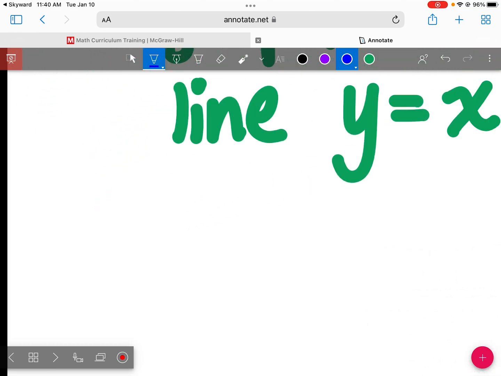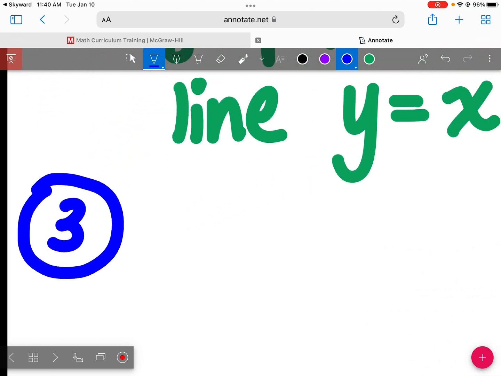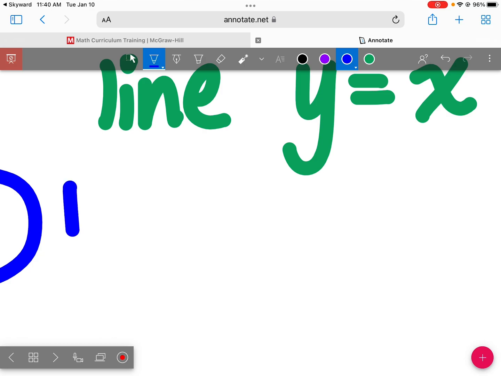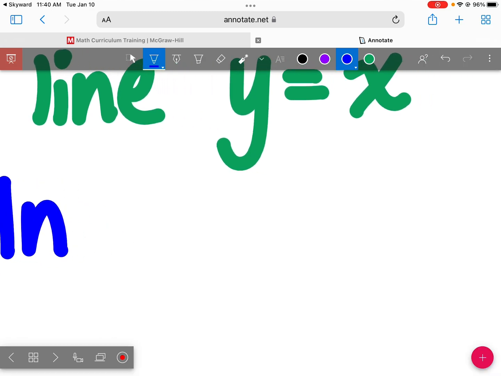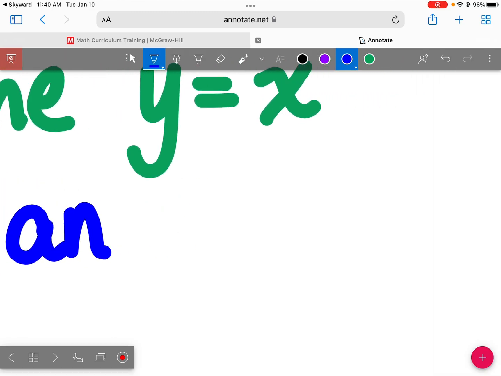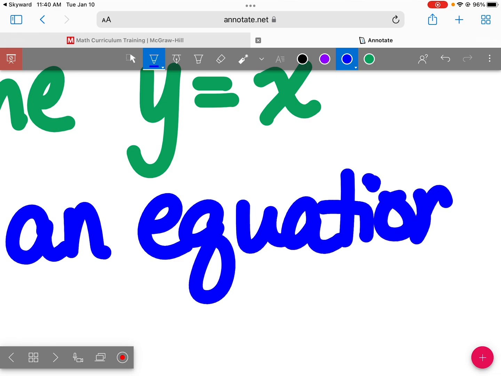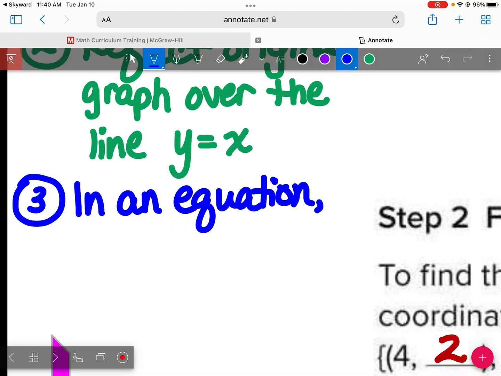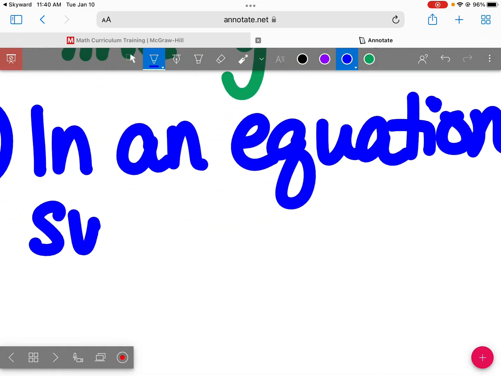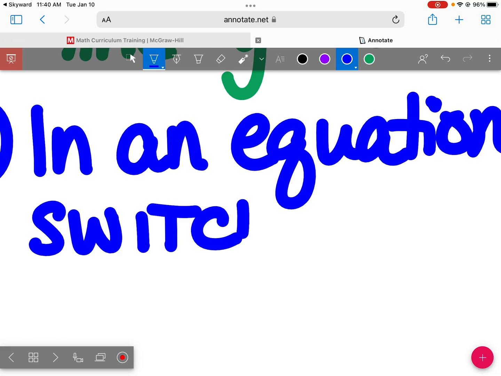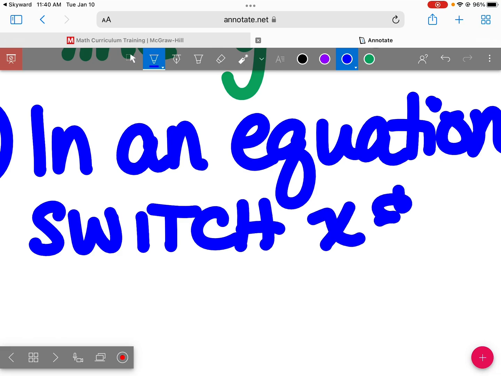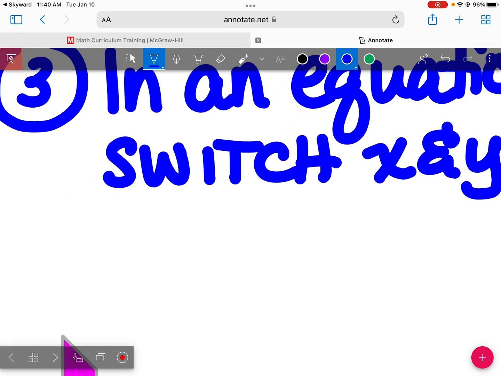The last way that we're going to talk about today, and we'll do a couple examples with this: if they give me an equation, we will switch x and y in the equation. Then we will solve it for y.